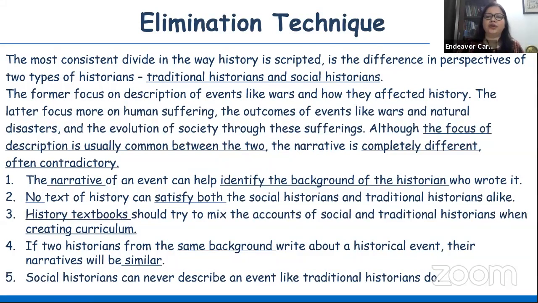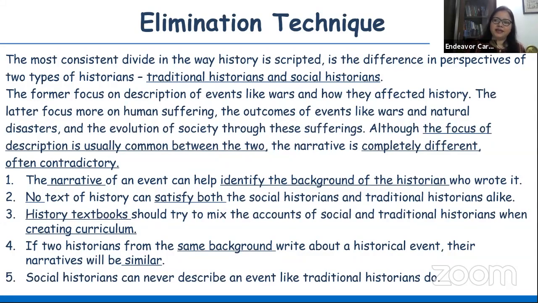If I have two historians from a different background, what is the outcome? Their description of an event of history is completely different. When historians of two different backgrounds describe an event in history, their description is completely different, often contradictory.